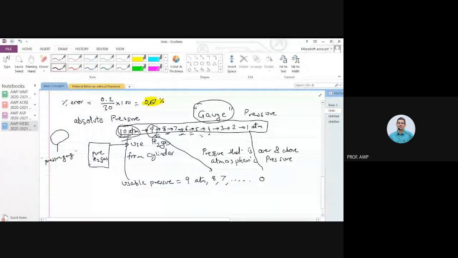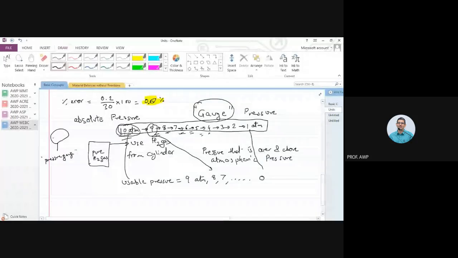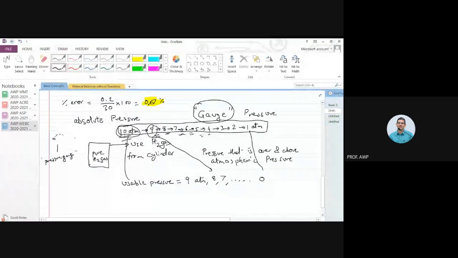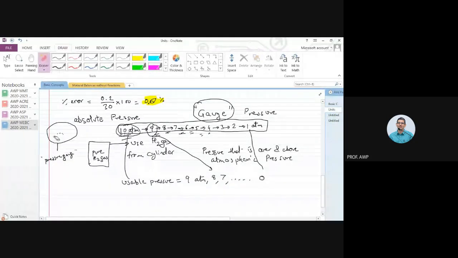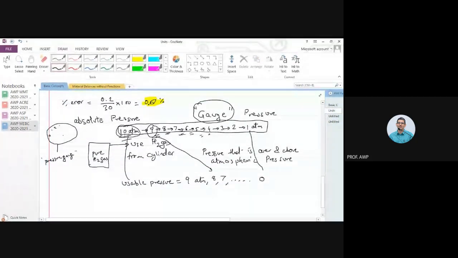What that pressure gauge would have measured is actually 0. The scale on a pressure gauge starts from 0, 1, 2, 3, 4, 5, 6, 7, 8, 9, 10, and you will have a pointer.